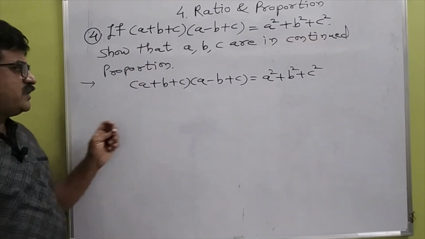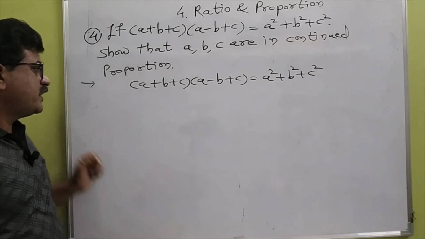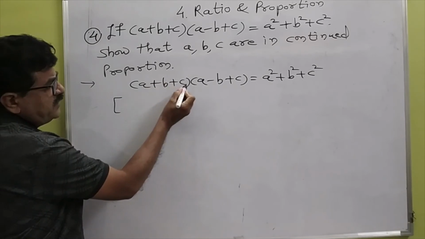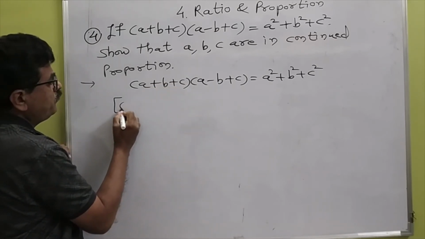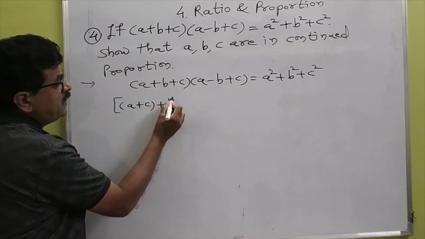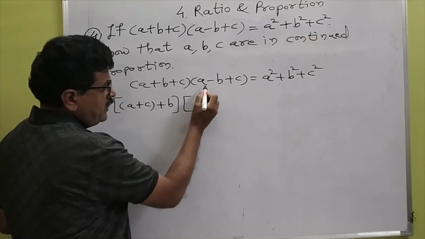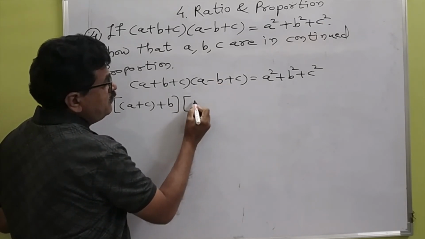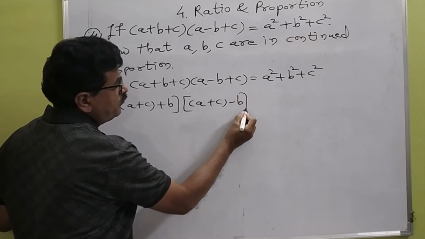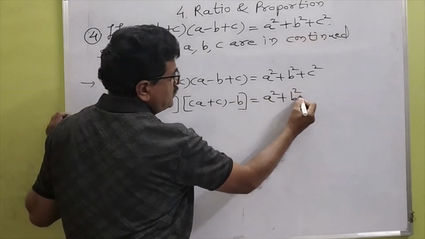Now there are two methods. Take direct multiplication, or we can write this as A plus C plus B in the first bracket, and in the second bracket A plus C minus B, is equal to A square plus B square plus C square.